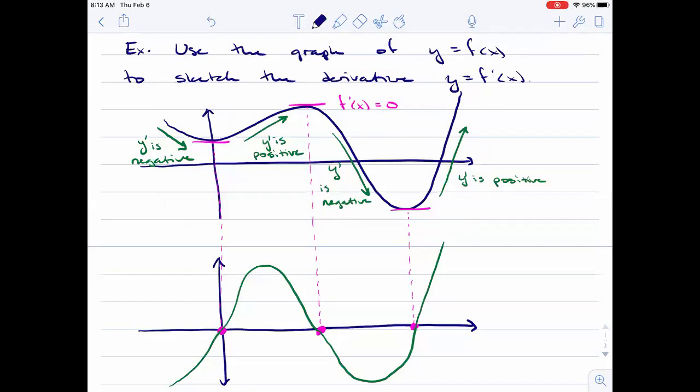Are you going to be using the limit definition of the derivative? No. In fact, we're going to start talking about just plain old derivative rules in about 3 pages of notes. So stay tuned. Don't worry.